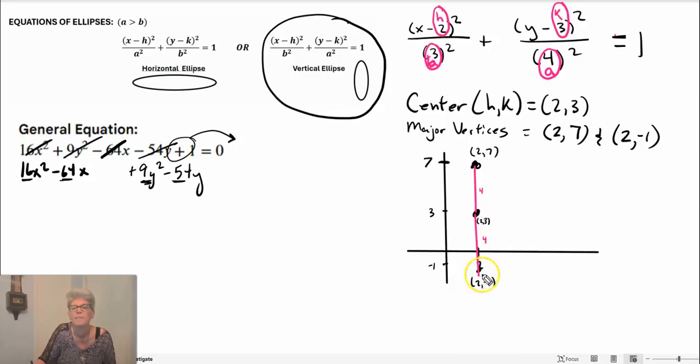Now, my minor vertices are going to be b units to the left or right of the center. So I'm going to have 3 units to the left or right of center. So 3 units to the left of 2 comma 3 is going to be negative 1 comma 3.